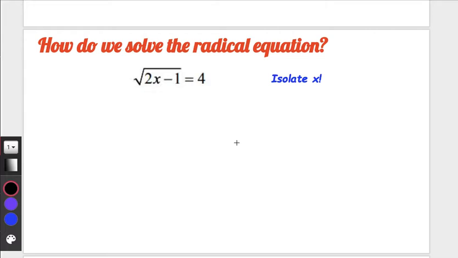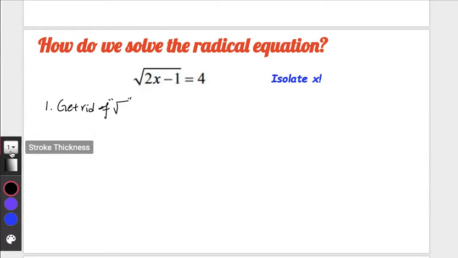But as you can see, we have x under the square root symbol, so we need to get rid of this. It's not always the first step, but we need to isolate this part first, and then you get rid of the square root. I think that will make more sense.